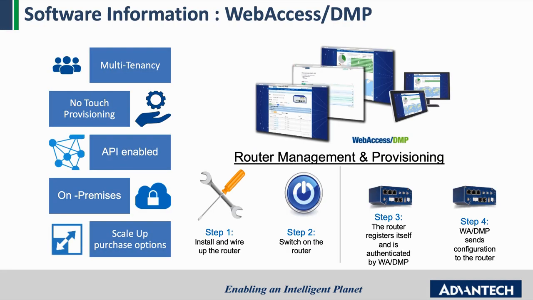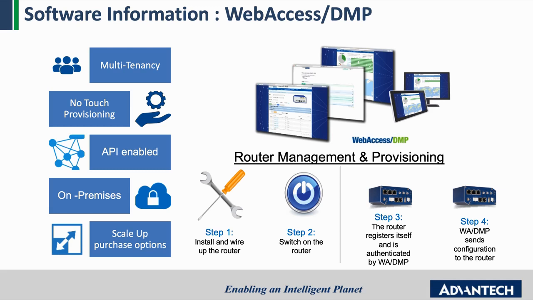So now in summary, the software itself provides management and provisioning for remote assets like cellular routers. In this package, you will also get an ESR304 cellular router, which you can use for deployment so that you can understand how the router itself works and how the software deployment capability works. WebAccess DMP is offered in scale-up purchase options.